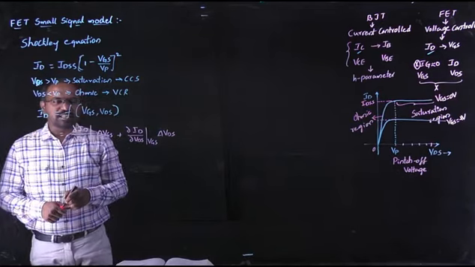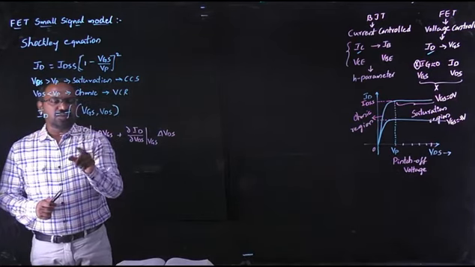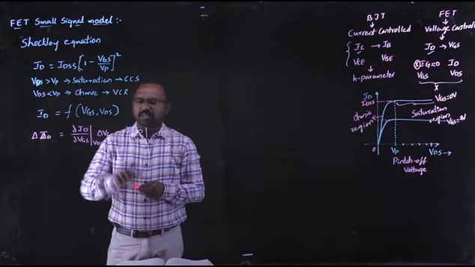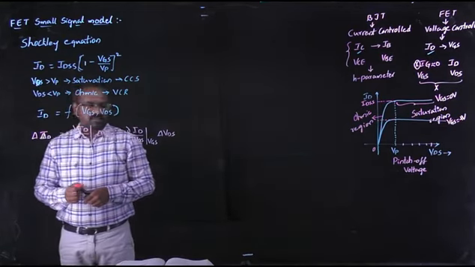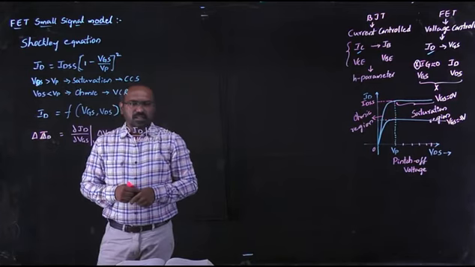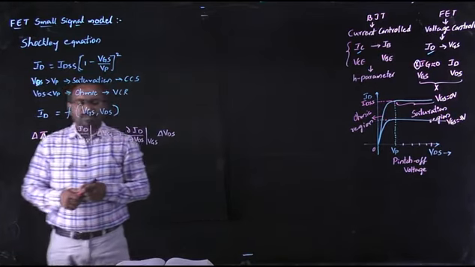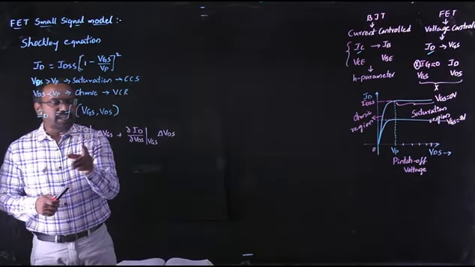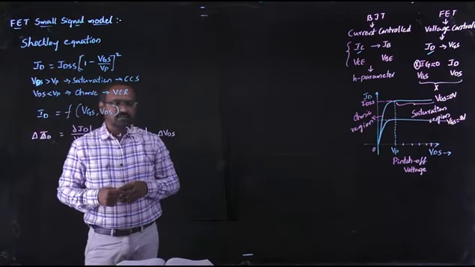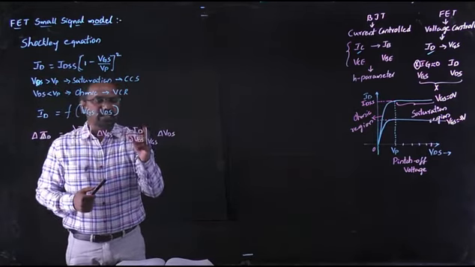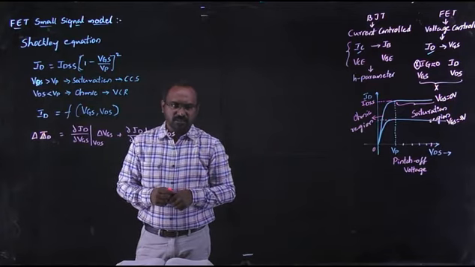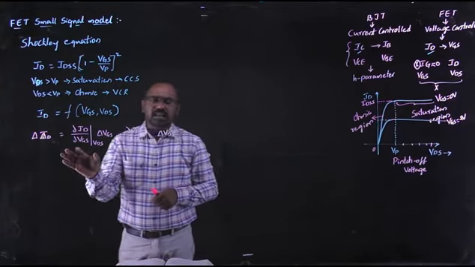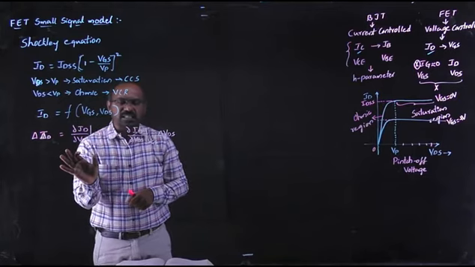It means here generally delta and dou are both changing, so these two get cancelled. You will have only the change in current. So here delta ID by delta VGS, and here delta ID by delta VDS. This is called the transconductance gm.